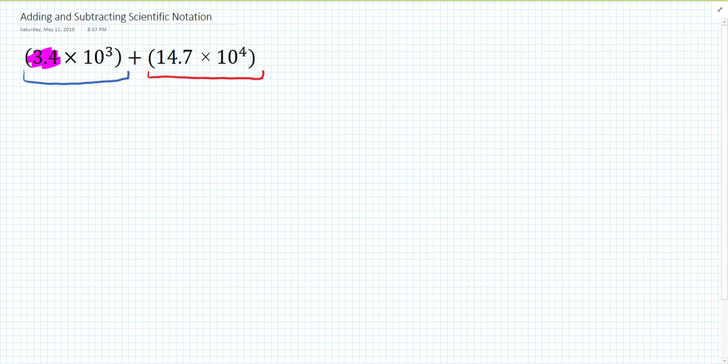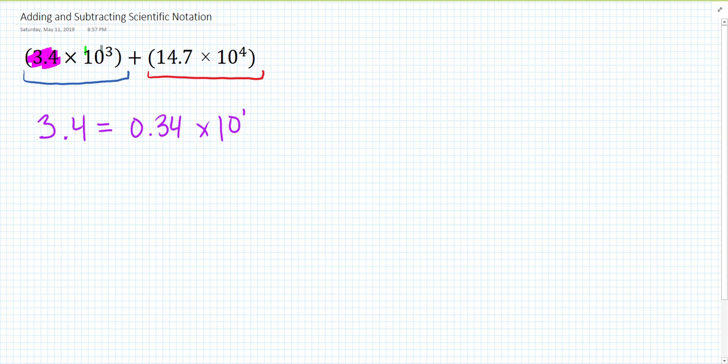This first factor, 3 and 4 tenths, I'm going to rewrite down here as 34 hundredths times 10 to the power 1. This first factor, the 3.4, I'm rewriting as 34 hundredths times 10 to the power 1. The reason I'm doing that is because I need this 10 to multiply here.